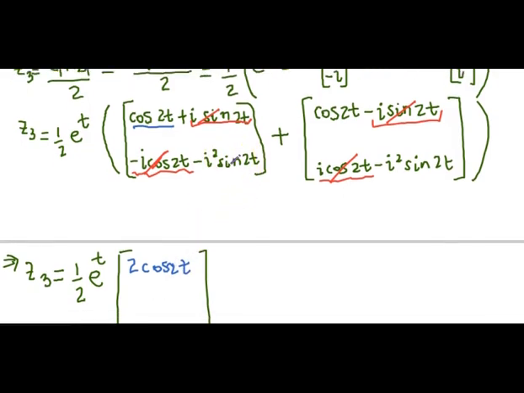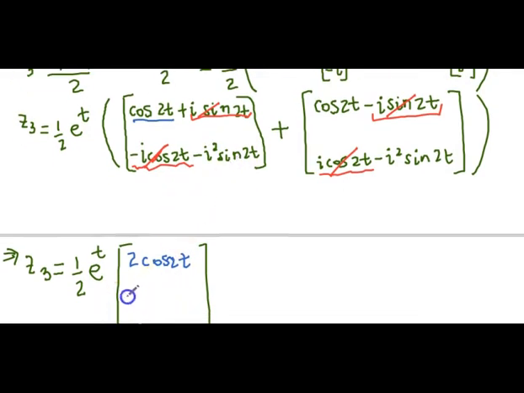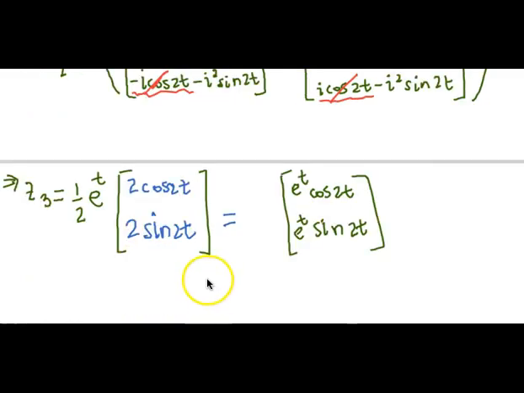And for the second entry, we end up with 2 times sine of 2t. So this coefficient 1/2 is going to cancel with this coefficient of 2 in each of the entries, and then we can distribute that exponential of t, e to the t.